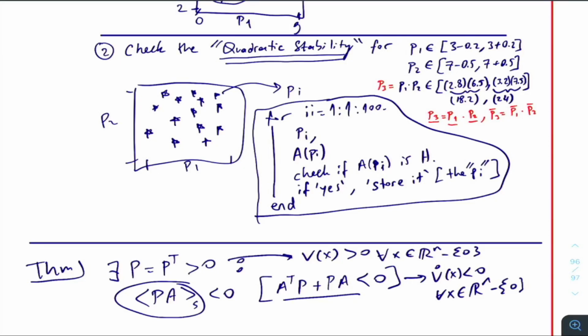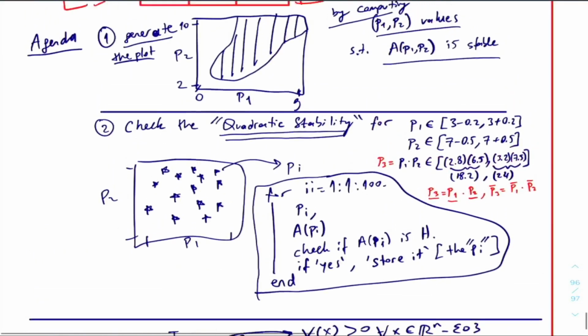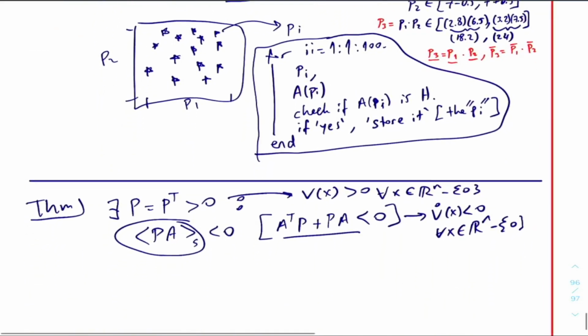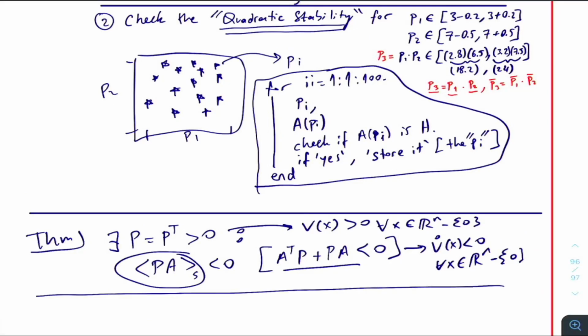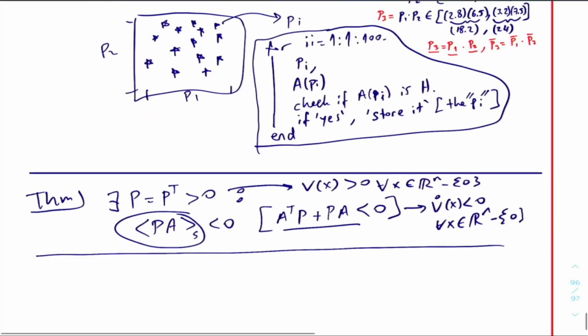And what is quadratic stability? Actually, before saying quadratic stability, let me say one thing: robust stability.